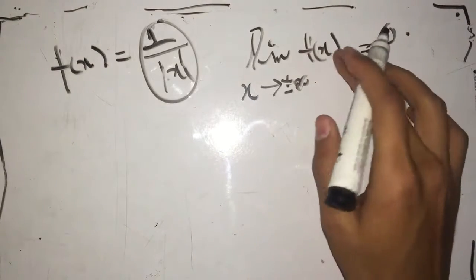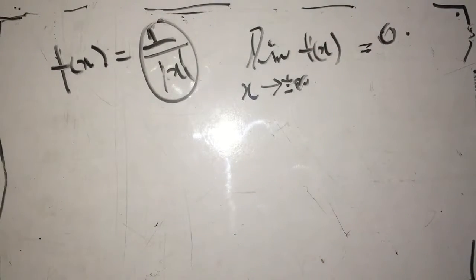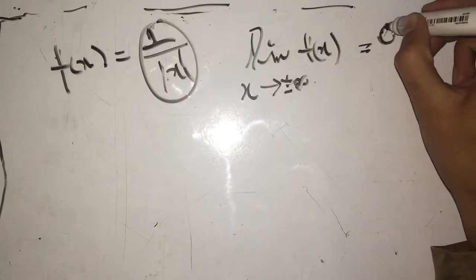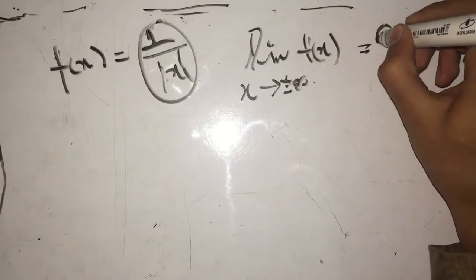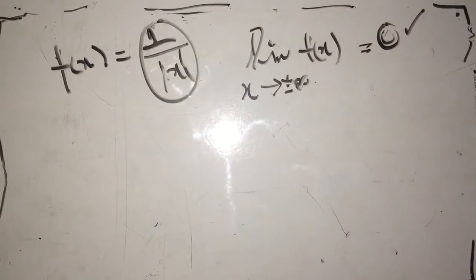So we say that the limit of f of x when x approaches positive infinity or negative infinity is going to approach 0.